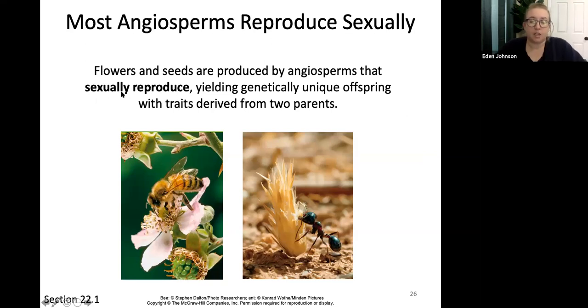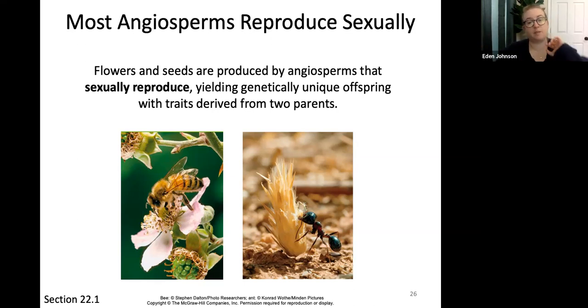Now, you have some flowering plants that can both reproduce sexually and reproduce asexually, but the flowers and the seeds are particularly only important if they are reproducing sexually. Sometimes you don't even need two separate parents, because sometimes you can have flowers that have both male and female reproductive organs on the same plant, okay?